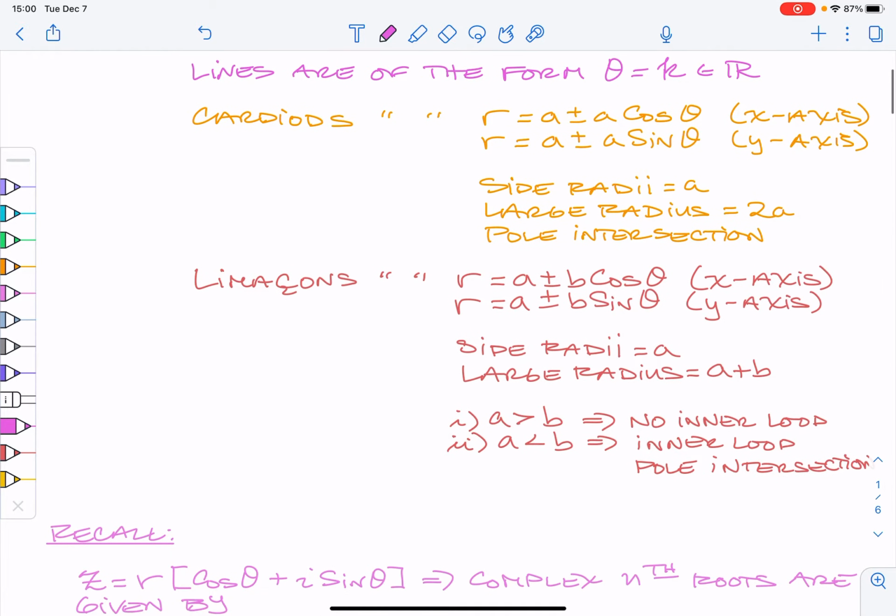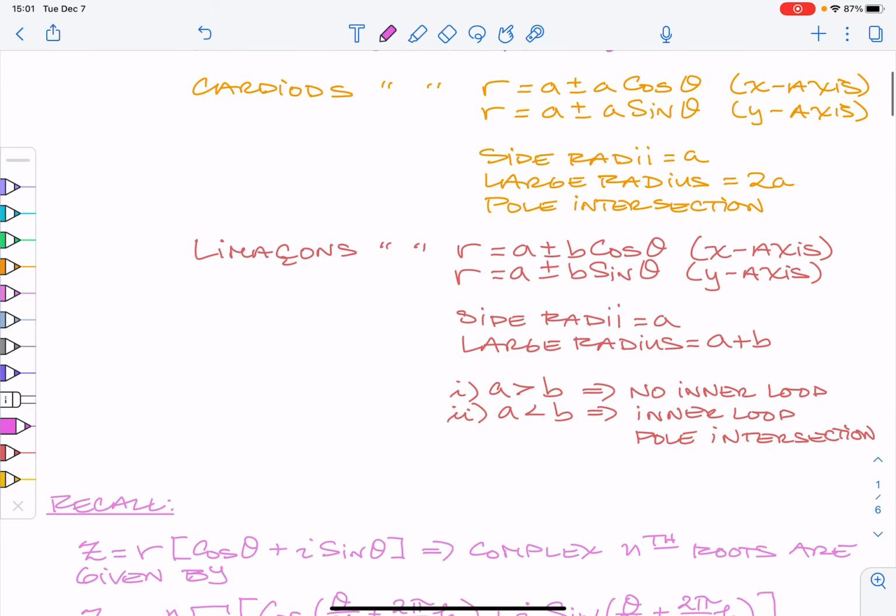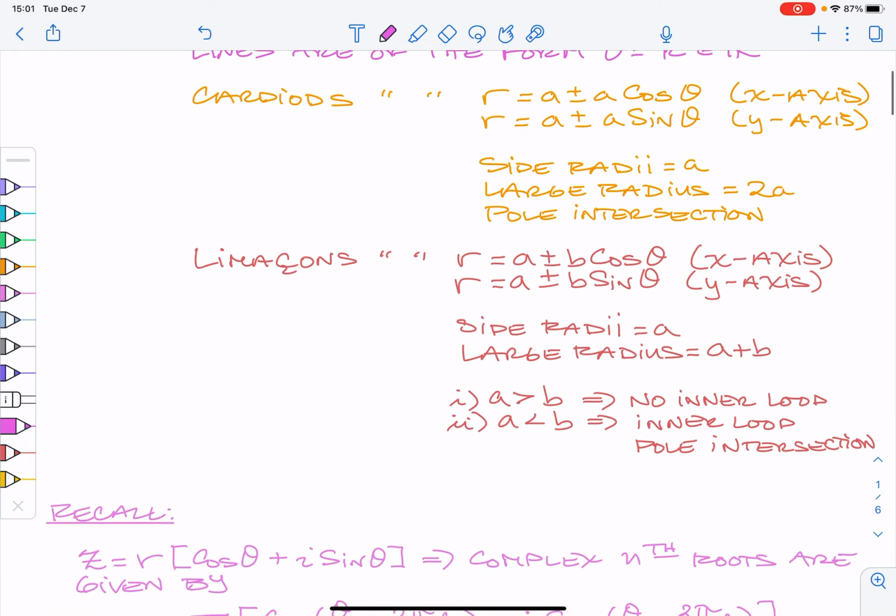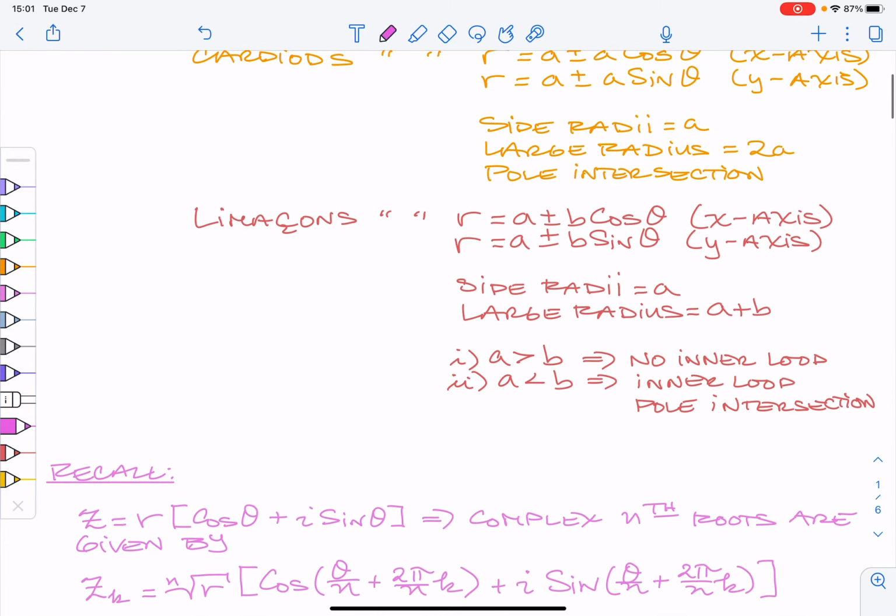Limacons are of the form r equals a plus or minus b cosine theta, which is oriented along the x-axis, or r equals a plus or minus b sine theta, which is oriented along the y-axis. And of course, the side radii are still a, however, the large radius is a plus b, and we do have a small radius, right?